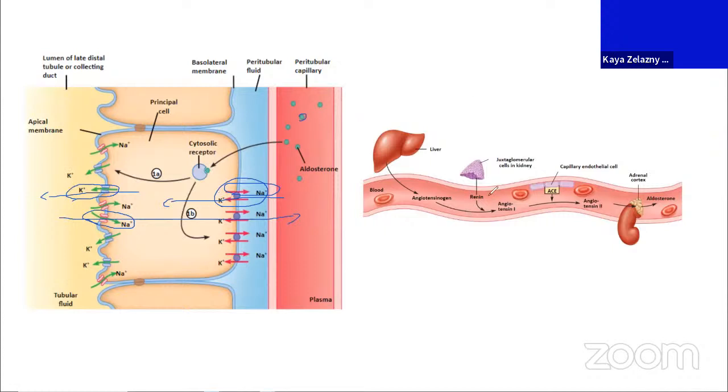And here we have that RAS system, right? So we have the production of renin by your juxtaglomerular cells in the kidney. Okay? And what renin is doing is converting the inactive angiotensinogen produced by your liver into angiotensin 1, which gets broken up a bit more by this ACE enzyme embedded in the wall of your blood vessel to angiotensin 2, which is what sends the signal to your adrenal gland sitting on top of the kidney to produce that aldosterone.